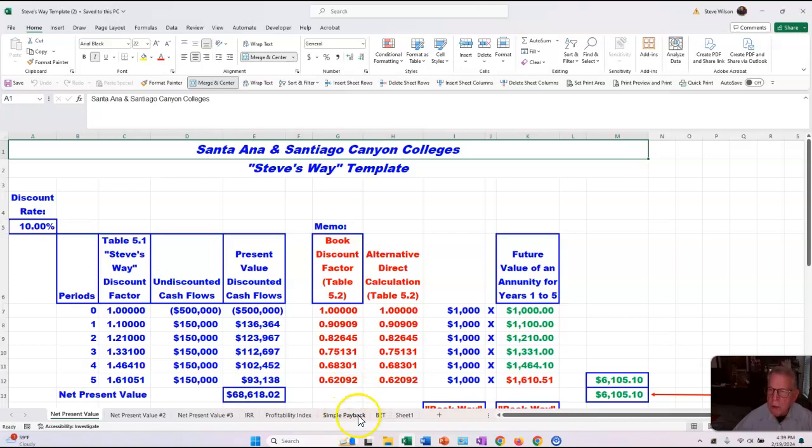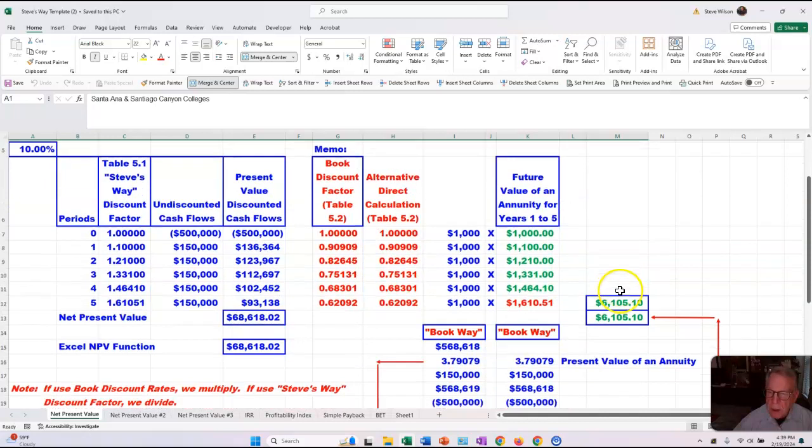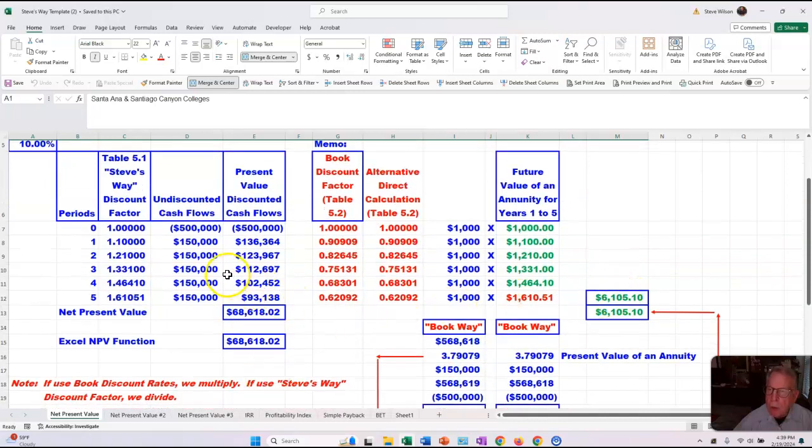Okay. So if I look at a bond, for example, that sells for $500,000 and it pays interest cash flows, undiscounted, of 150,000. Those are your annuities. Now, I can multiply this all through times the factors in 5.1.